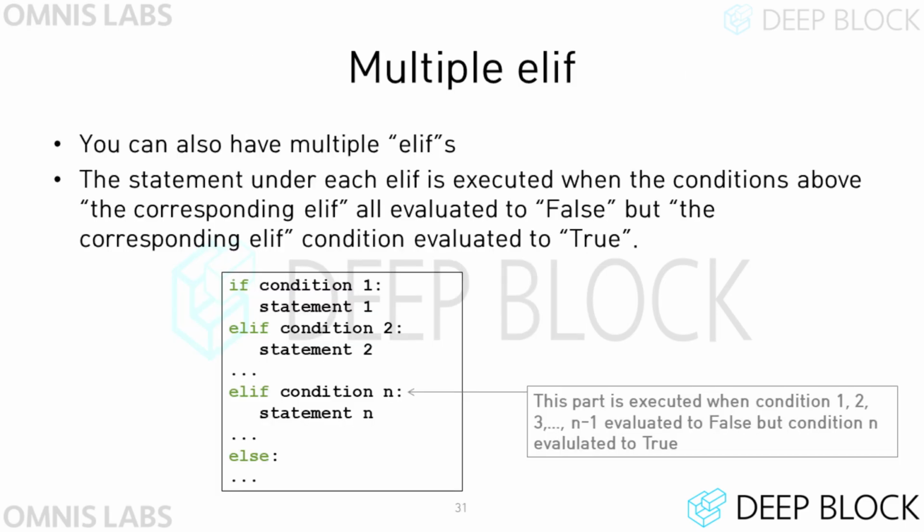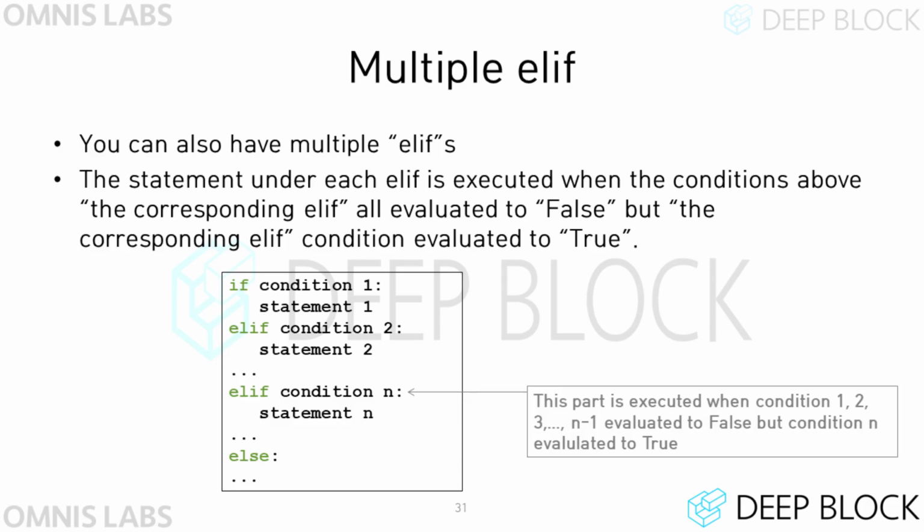If or else keyword can be used only once in one conditional statement, but more than one elif can be used in one conditional statement. Elif can be used multiple times when many different conditions exist and different code needs to be executed for each condition. When multiple elifs are used, the Python interpreter checks the conditional statement from the top, from the if keyword.